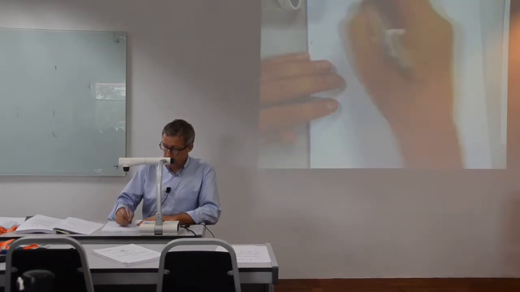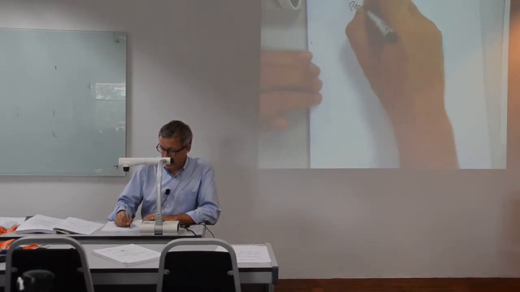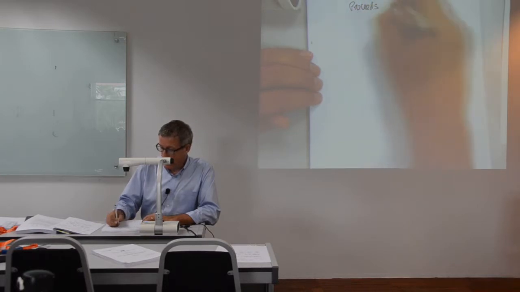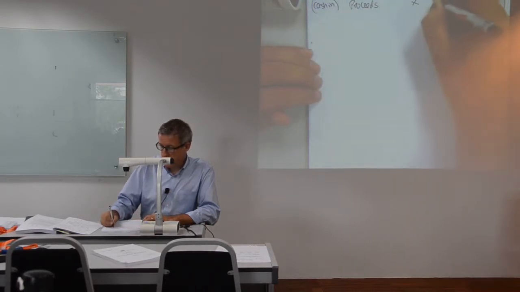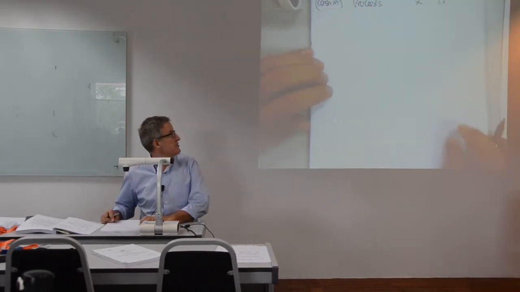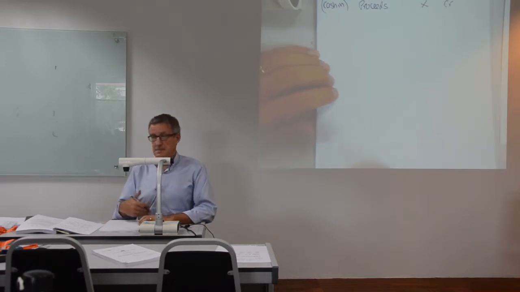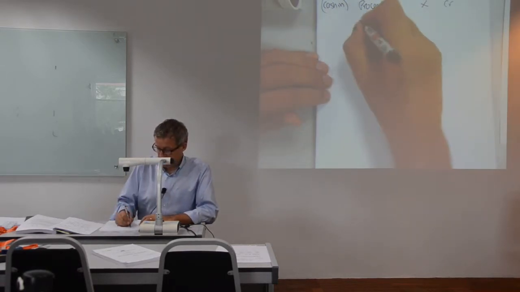Now that profit or loss you can work out in terms of a pro forma. So it's your proceeds, this is your cash in, so you debited cash and that's a credit.